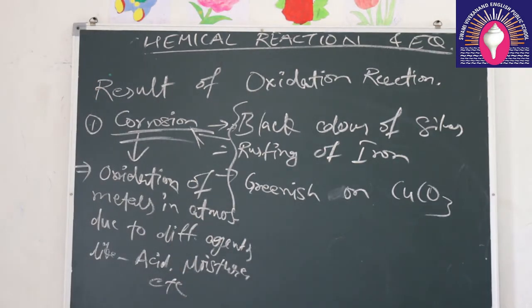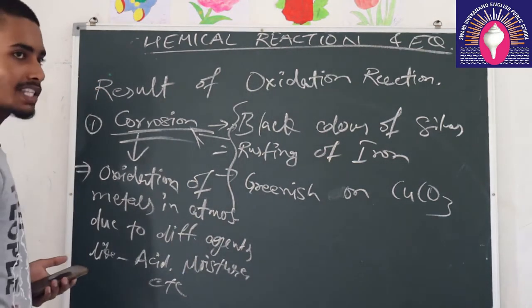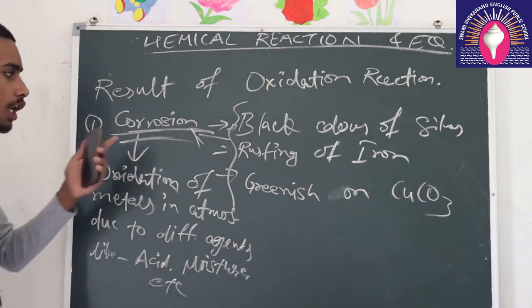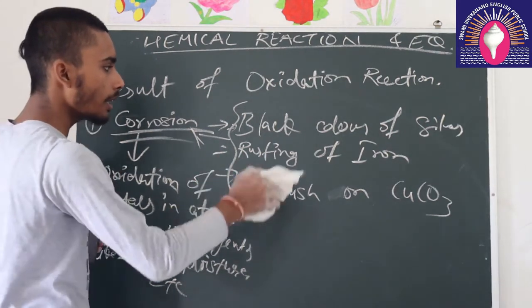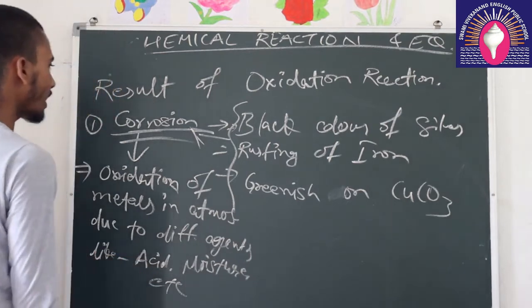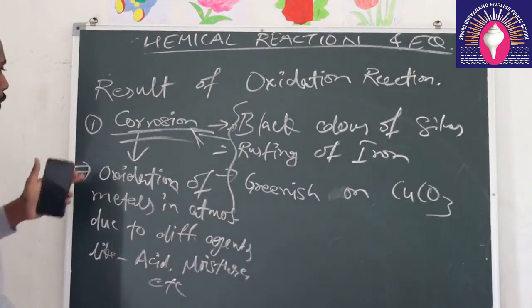And the black color of silver, the silver sulfide on silver, rusting of iron and greenish coating on copper carbonate are all examples, all results of corrosion.